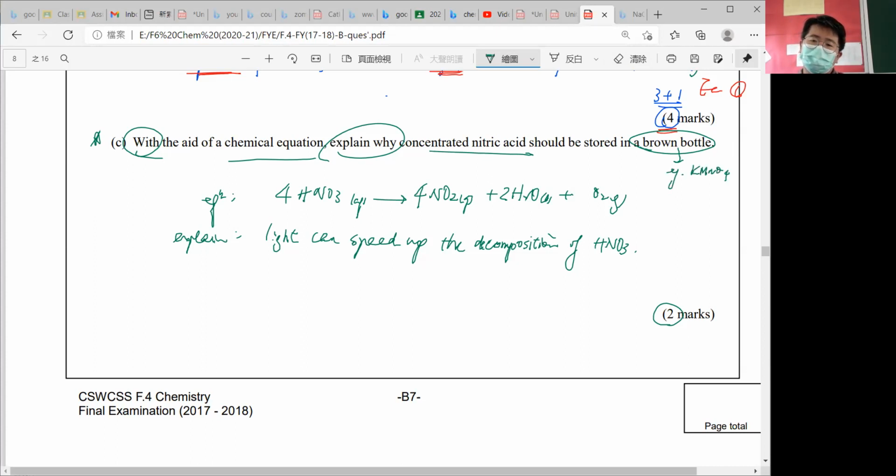KMnO4, KI, conc. nitric acid. Yes, that's right. What else? Silver nitrate, right? You realize? So halogens are normally also put into brown bottles. Questions?